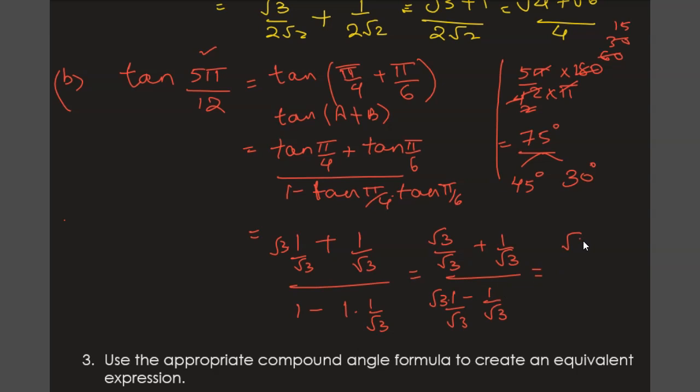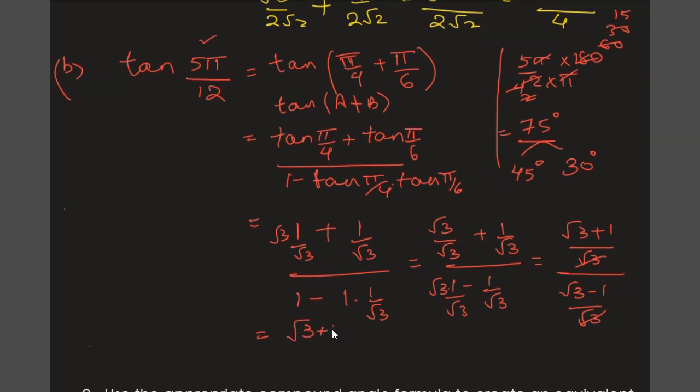We get root 3 plus 1 over root 3 as a numerator. And then we get root 3 minus 1 over root 3. Similar denominators get cancelled out. Ultimately, we're left with root 3 plus 1 over root 3 minus 1.